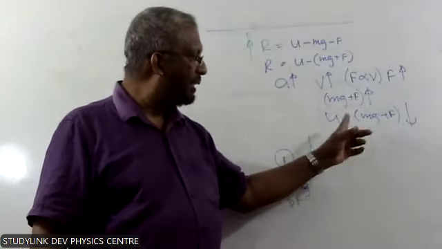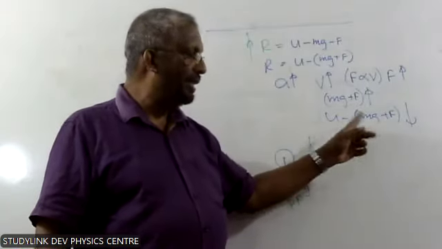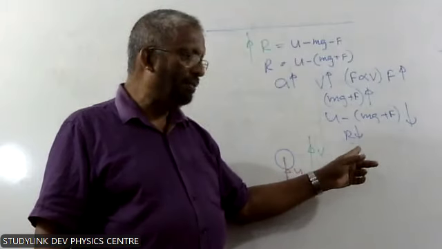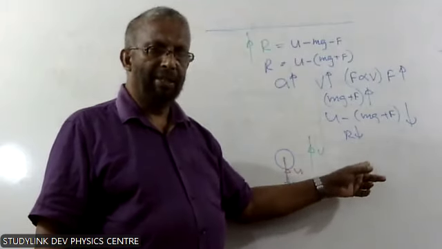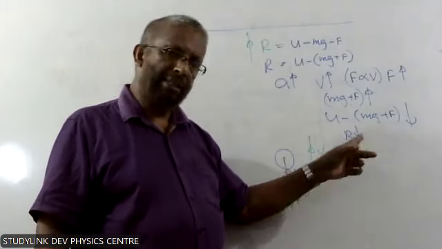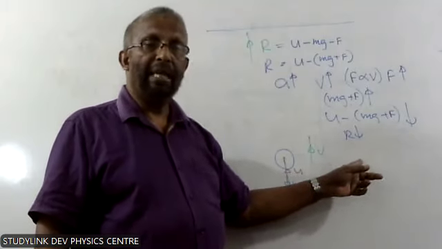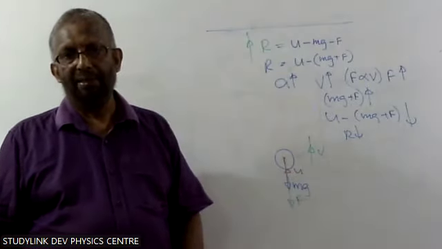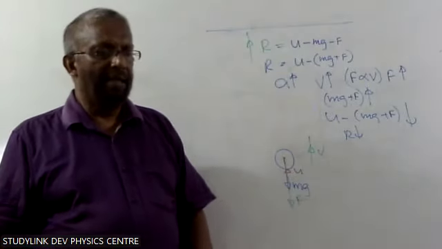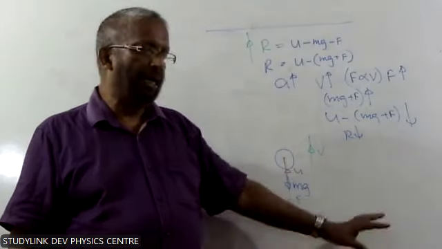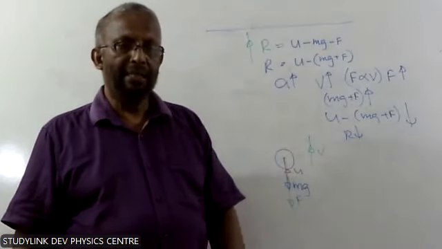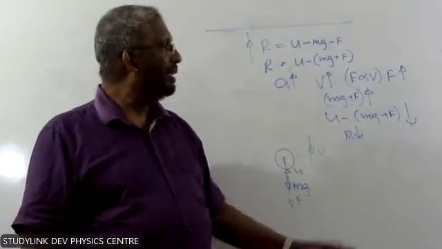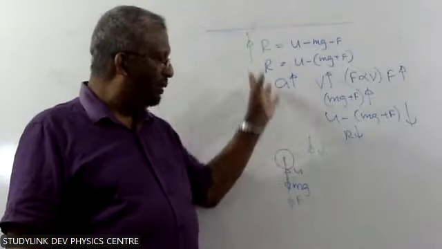So when the resultant is zero, acceleration is zero, and velocity becomes maximum. That is called terminal velocity. Normally we say the sphere has attained the terminal velocity. Right, I'll give the note now.